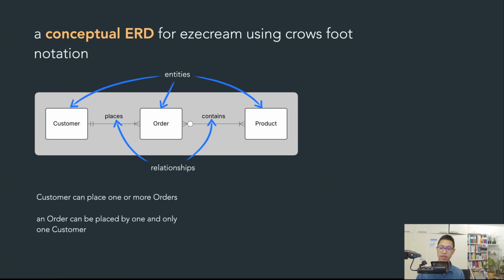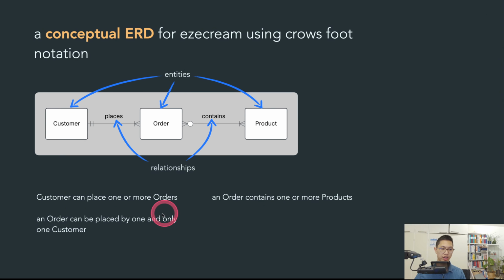But when you get it, it's actually quite neat notation. And there are several types of notations for conceptual diagrams. For example, you have UML, and you have Chen's notation. But the most popular is the information engineering or crow's foot, which we use here. I will show you the most used one in industry.